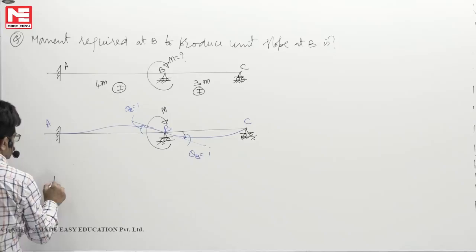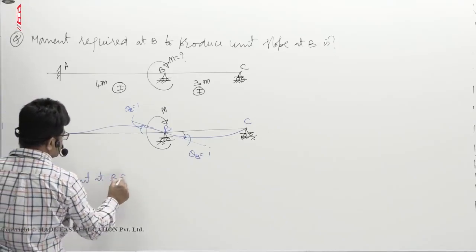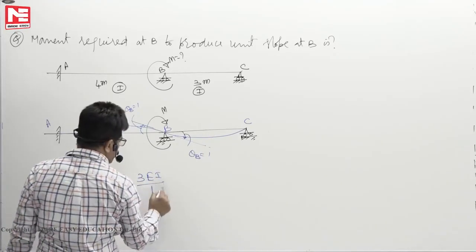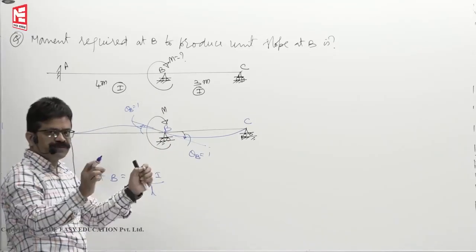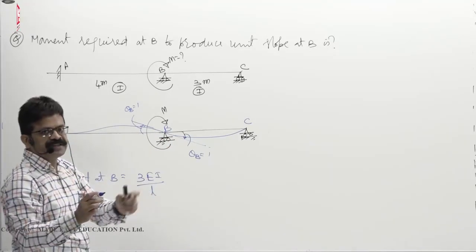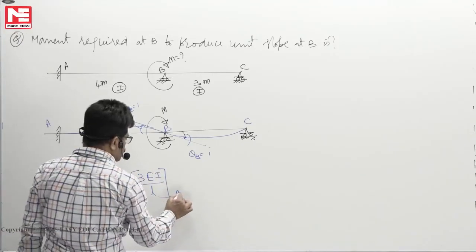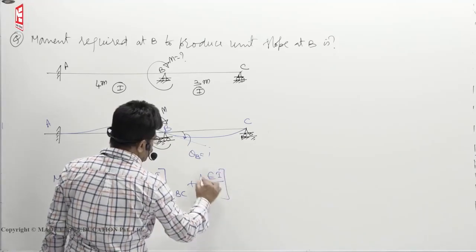So moment at B. For this profile, that's why I told you, if you know the deflection profile, if it is a known profile, simply you have to attach the moment and slopes. This is 3EI by L for the span BC, and for this one, 4EI by L for the span BA.